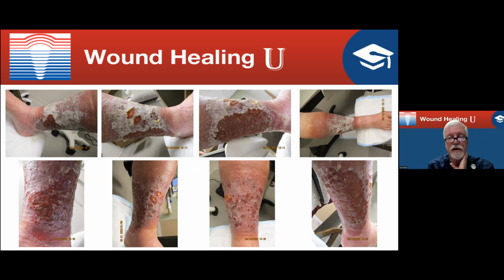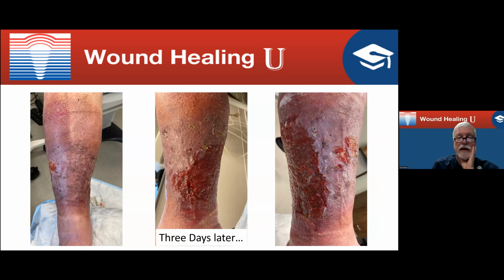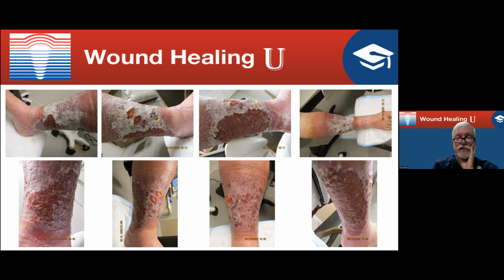So these were his legs when he first came in. And I know there's a lot of pictures here, but I wanted you to have an idea of what a mess these legs were. So this is day 1. We started him in multi-layer compression. 3 days later, look at the reduction in edema already compared to what you see back in this picture.